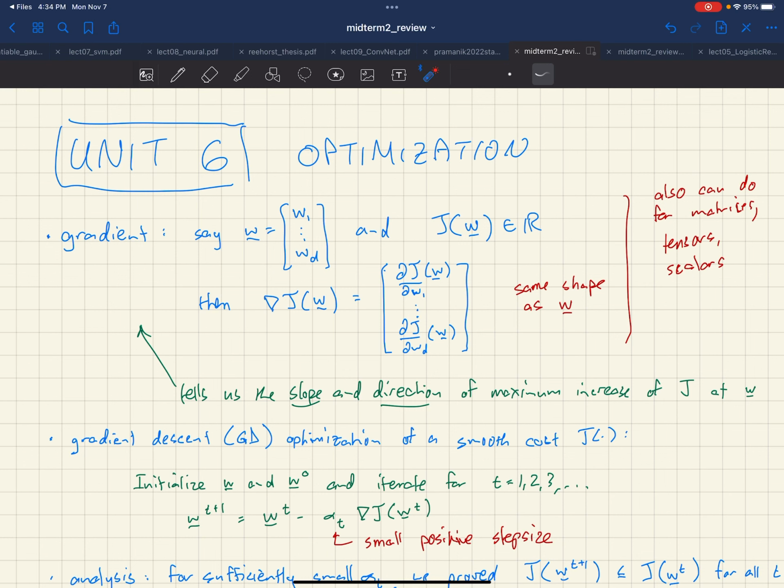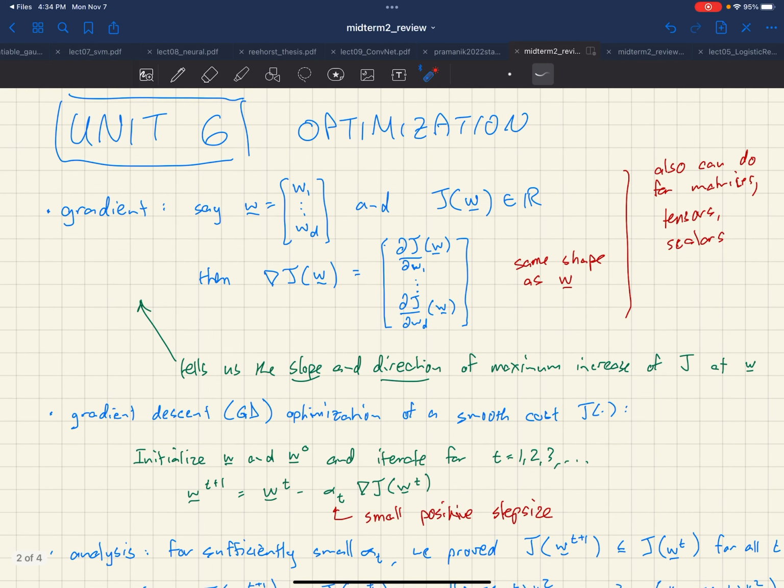So the main way that we use this is if we have a smooth cost, or a cost that's differentiable where we can compute this quantity everywhere, then we initialize, maybe randomly, call our initialization W0, and then we do this iterative procedure where you take your current initialization, you take your gradient, which is a vector of the same size as W, and then you multiply it by a minus, which means now that rather than pointing uphill, it's pointing downhill.